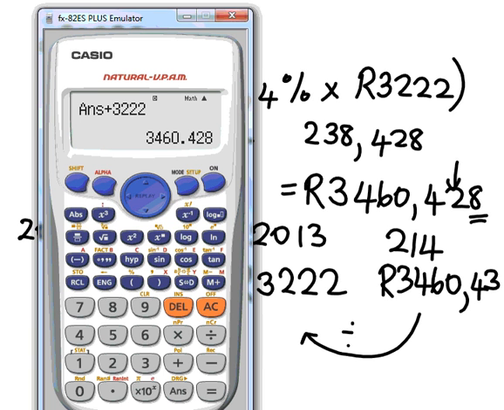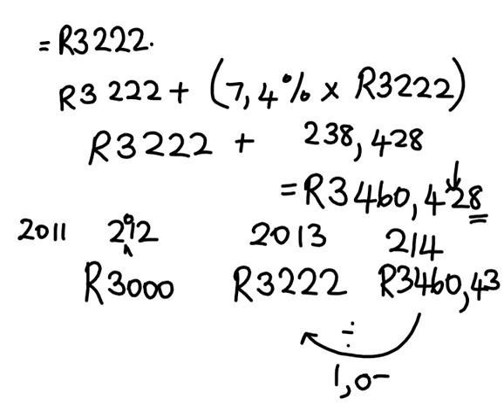So let's have a look. Calculator out. We're going to have 3,460.43 divided by 3,222 equals, okay, that will be 1.07. Now I'm going to take 3,222 and divide it by that value.